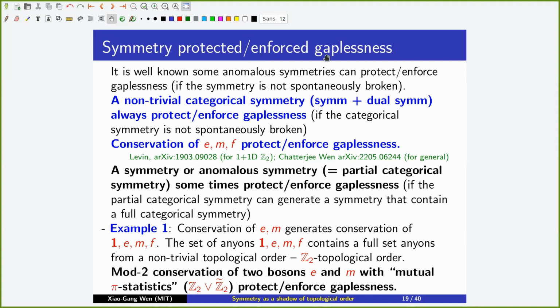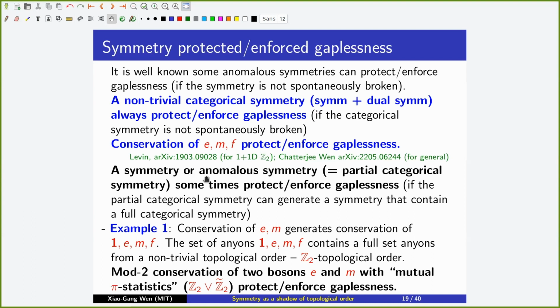Okay. But actually this result can be phrased more generally. When people say a symmetry protects gaplessness, they do not mean this symmetry is a full symmetry. It's not a full categorical symmetry. It's maybe only partial. Sometimes we do not need to enforce the full symmetry.